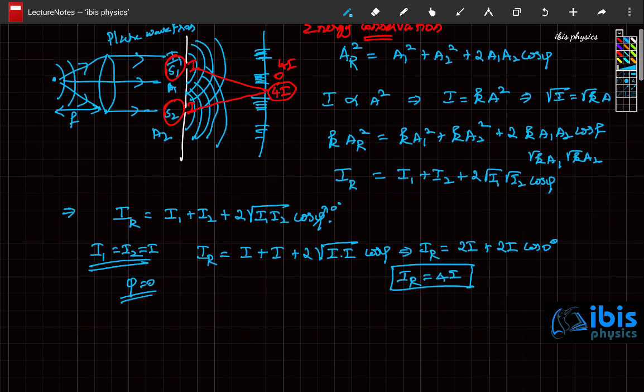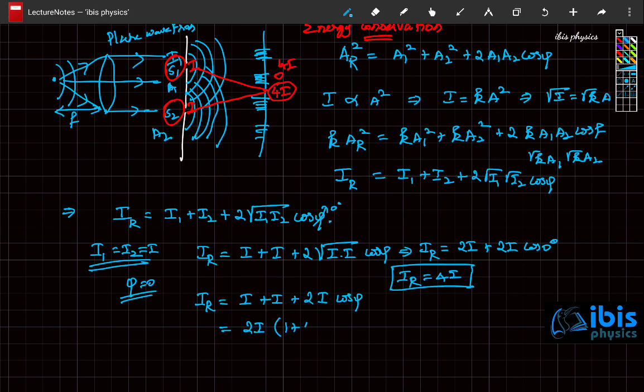One more general and useful formula: I1 plus I2 plus 2 root of I1 I2 cos phi. You try to remember this. If phi is not 0 and both the interfering intensities are I, then I resultant is equal to I plus I plus 2 root of I squared, that is 2I cos phi. So 2I plus 2I cos phi.